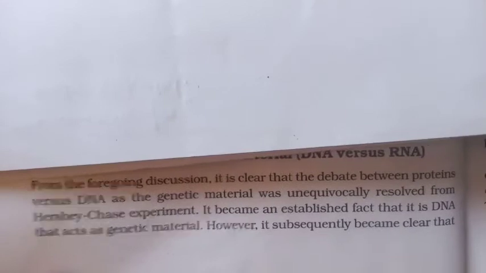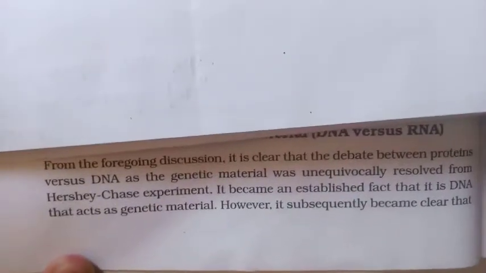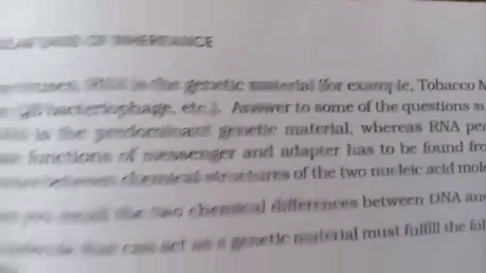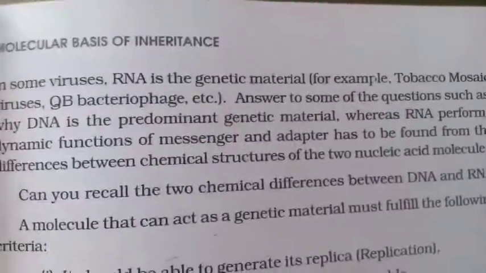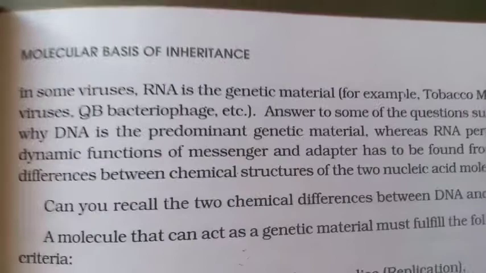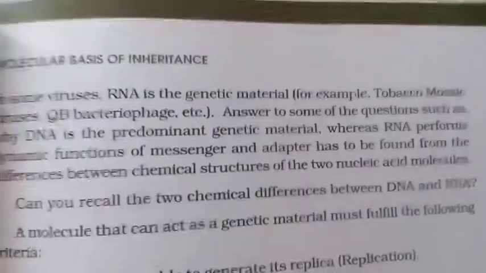However, it subsequently became clear that in some viruses, RNA is the genetic material. For example, TMV or the tobacco mosaic virus and the bacteriophages, where RNA was seen to be the genetic material.